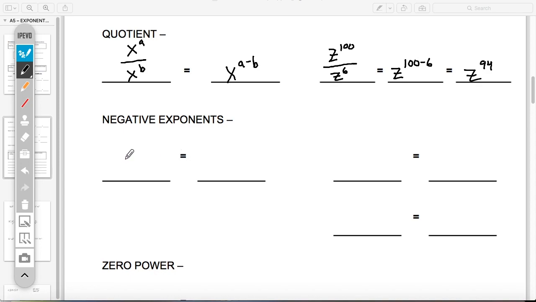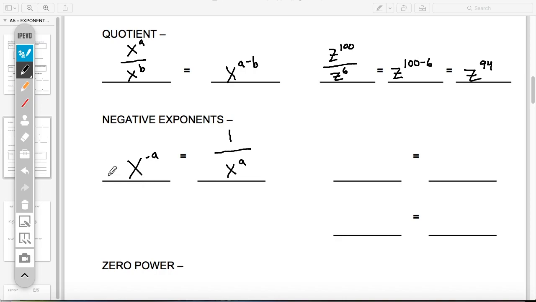Okay. We take a look at negative exponents now. Let's say we have x, for some generic situation, x to the negative a. Okay. Well, this is the same thing as 1 over x to the a. Okay, so we're just moving it down into the denominator and switching the sign of our power.